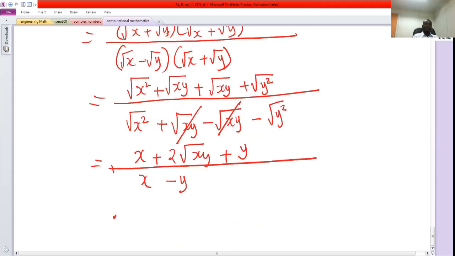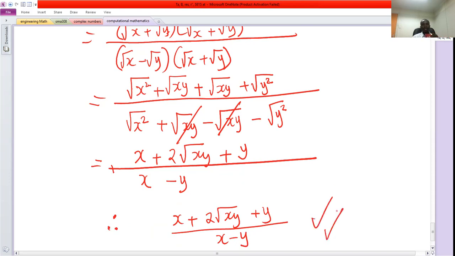So therefore, the solution will be x plus 2 root xy plus y divided by x minus y. So this is the solution. So that is how we rationalize the numerator and denominator for a given surd expression. Thank you.